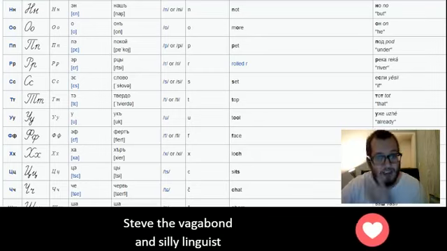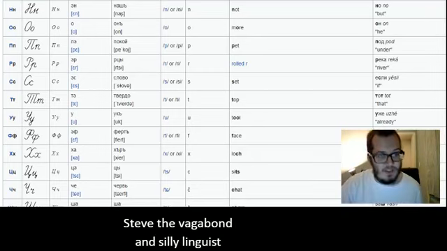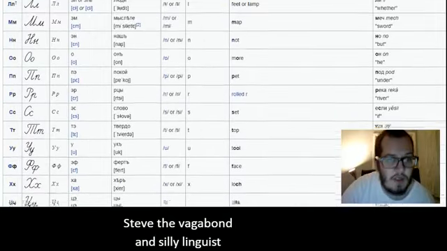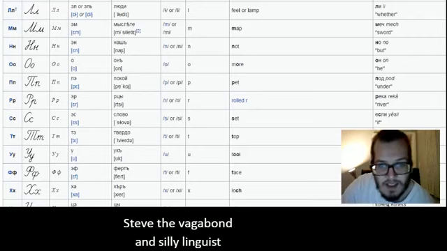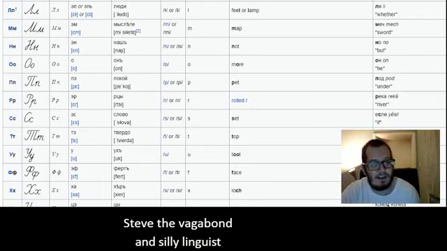Okay, so the next one we've got is this one that looks like a Y, that is pronounced oo. If you're wondering why it's pronounced like that, it just is.